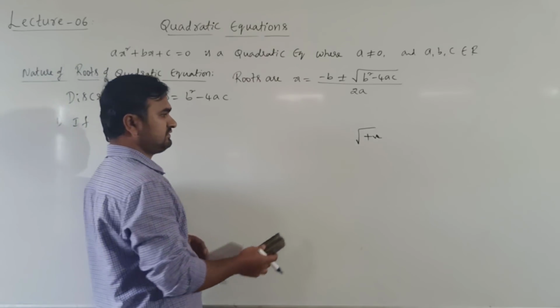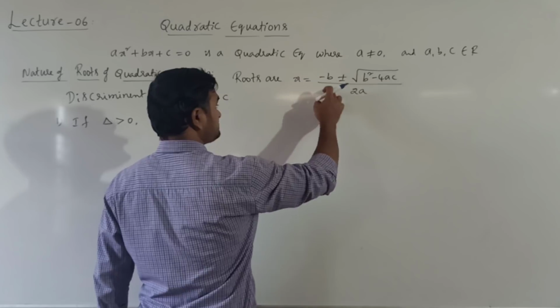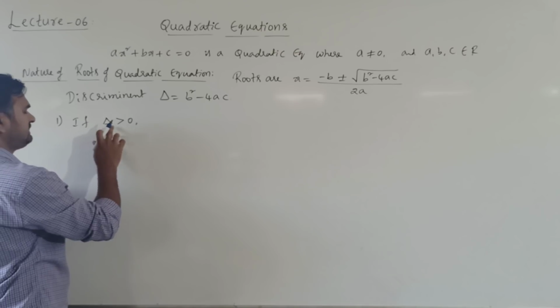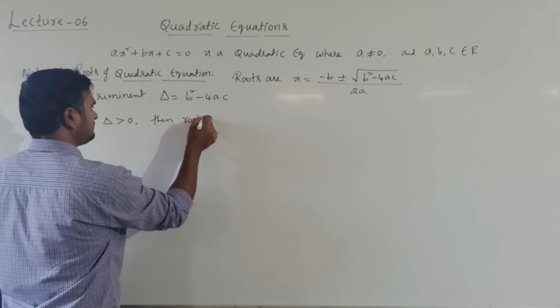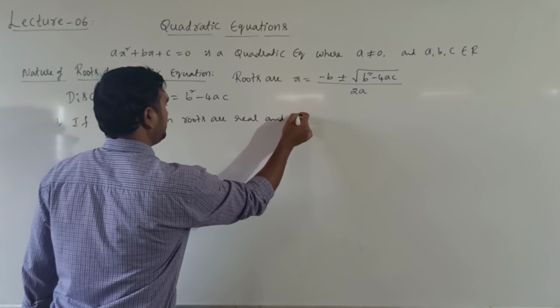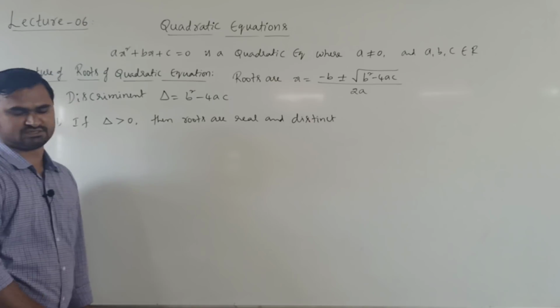So what about the nature of the roots? They will be real and distinct. So when delta is greater than 0, the roots are real and distinct. Distinct means they are different roots.